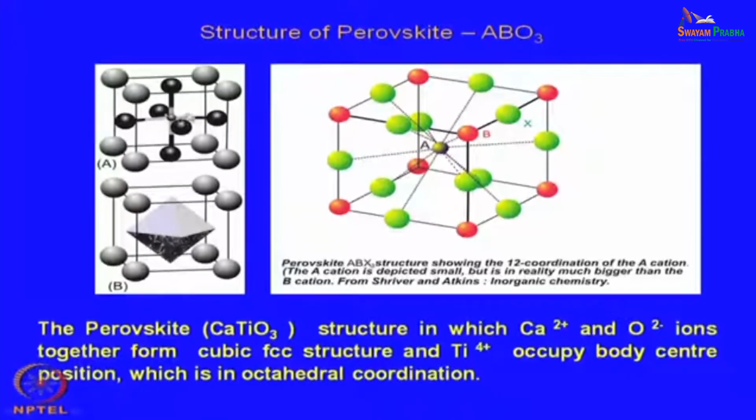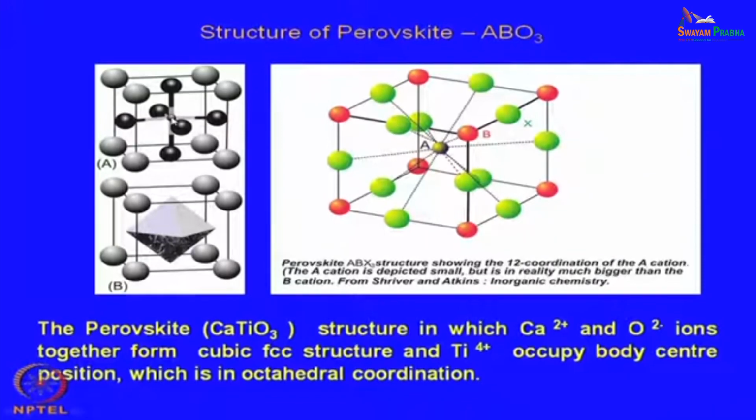Titanium sits at the body center of the cube, and these are oxygen. Oxygen are on the face centers of the cube, and the corners are occupied by the calcium. So, calcium goes to the corner, oxygen goes to the face center, and titanium goes to the body center of the cube.